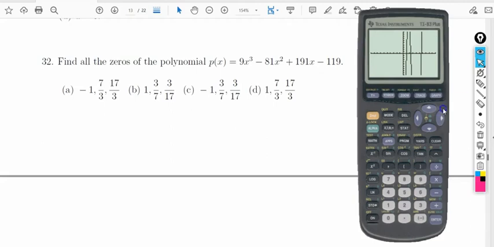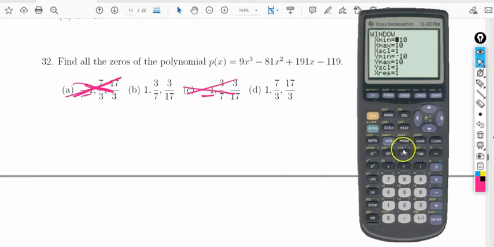Okay, so first of all, there are no negative x-intercepts. So I will not have any negative real zeros. So -1 is not an x-intercept. So it's not going to be C, and it's not going to be A. And now let's just zoom in on this a bit.